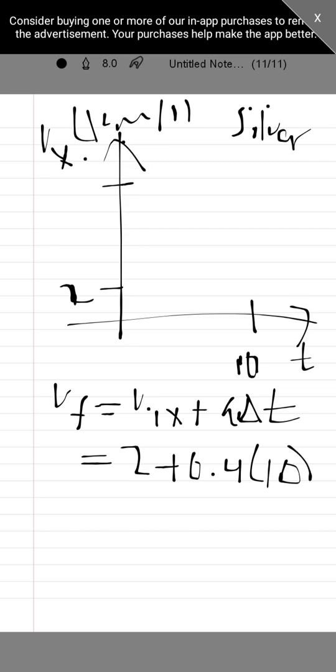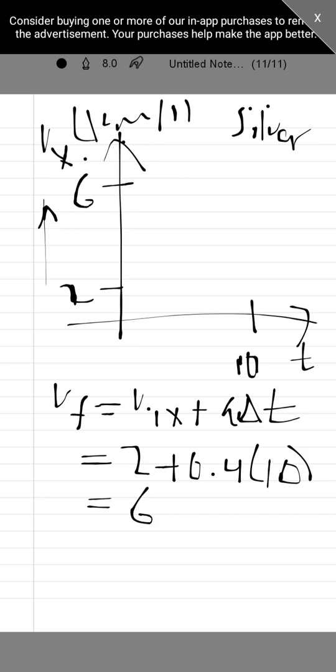So we get 6. This is the final velocity. So it moved from 2 to 6. It increased in velocity.